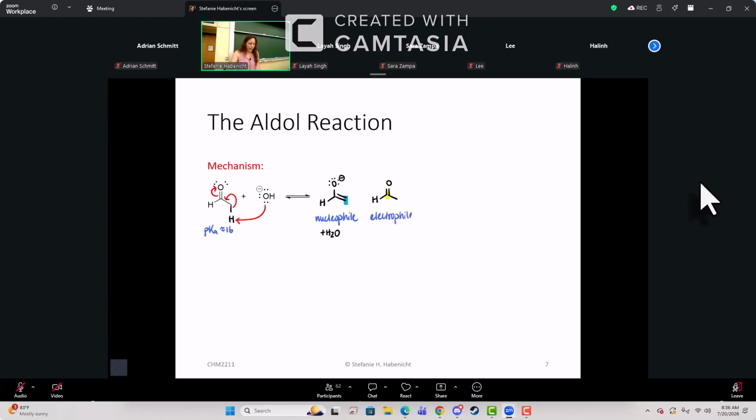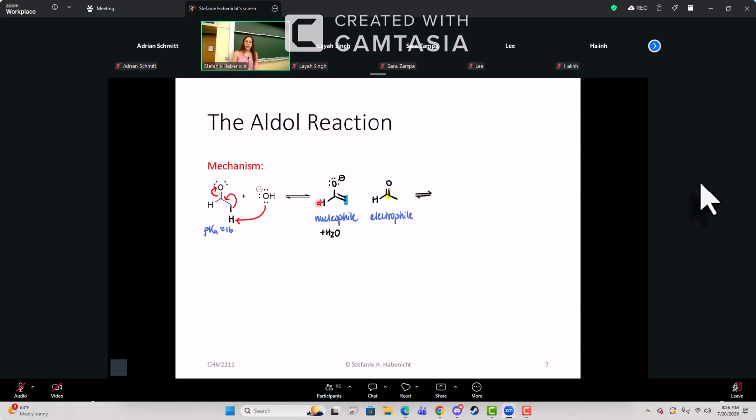Now, before we get into the actual aldol reaction, the addition of the enolate to the aldehyde, let's first look at this acid-base reaction, this proton transfer that happens first. We're establishing an equilibrium between the aldehyde and its conjugate base, its enolate anion. What is the position of equilibrium?